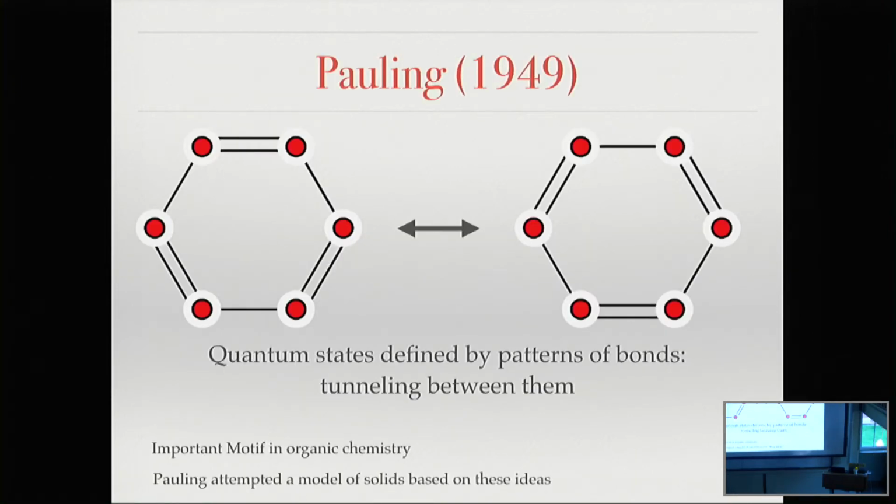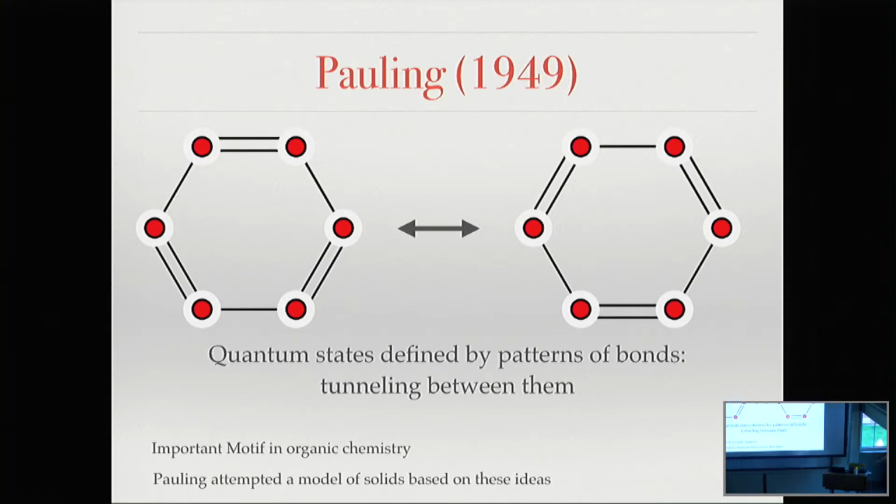Okay, so I'm going to go back to 1949, Linus Pauling, I think before he was into vitamin C. You're all very used to this motif from chemistry, that you can describe quantum states of certain molecules by talking about where their bonds are. And you get, in fact, some quantum resonances between different bond patterns.